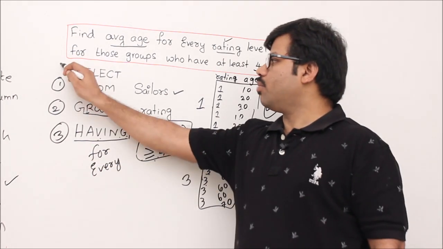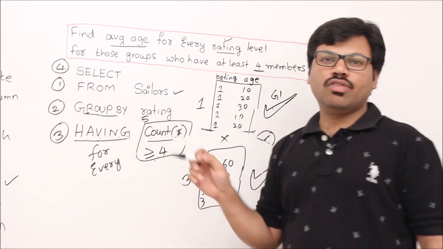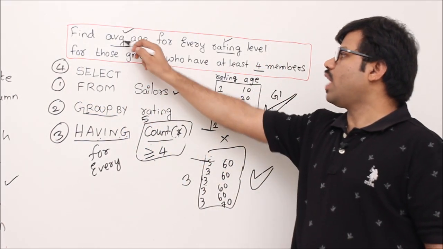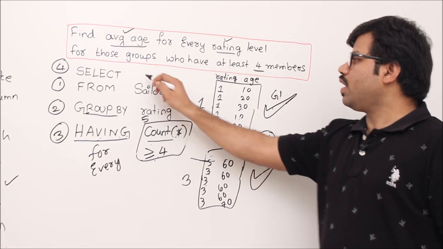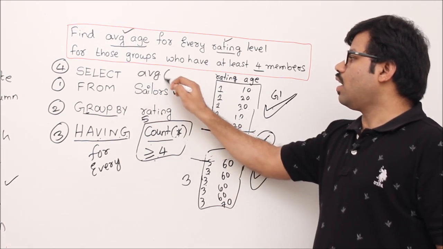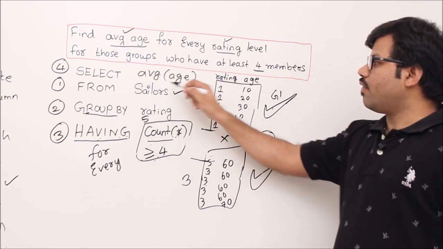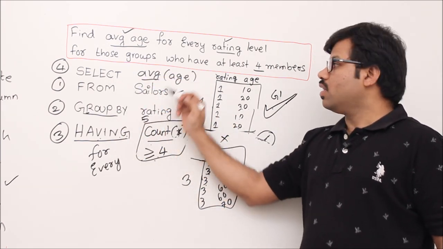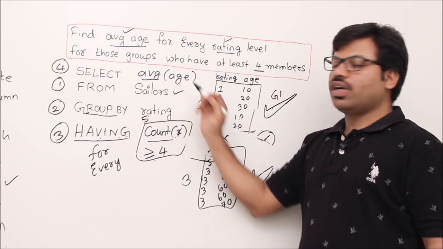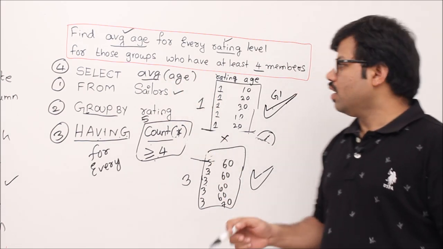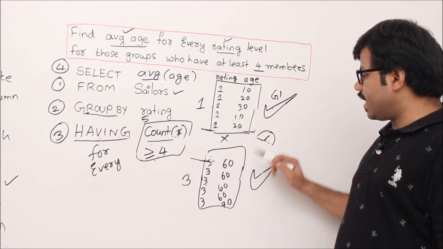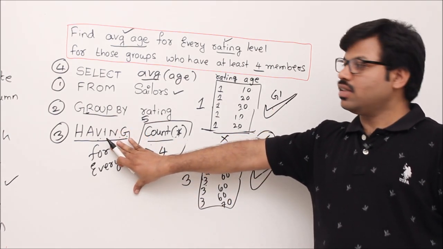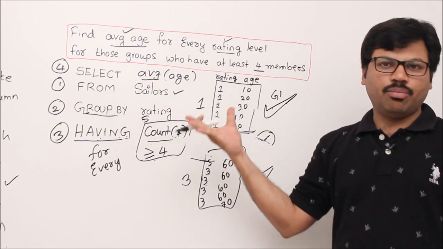Now we'll go to step number 4. In step number 4, you tell me what to write so that I compute the average age for every group. Simply write AVG(age). Already I told you, whenever you write the average function in the SELECT clause, if there is already a GROUP BY, then the average age will be computed for every group. That's why, for each and every group which is selected in the HAVING clause, only for that the average age will be computed.